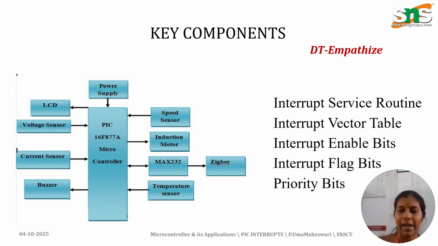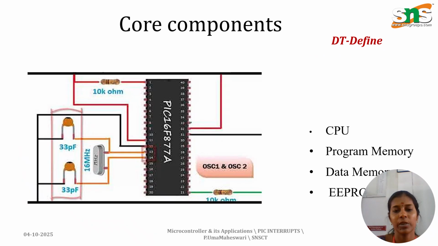The interrupt is mandatory; otherwise, if you don't introduce any interrupt, you will not be able to check it and will not get the output correctly. Zigbee is the main thing you'll be using for any kind of communication. Here the CPU, program memory, data memory, and EEPROM are the core components, and we can use the interrupt here.